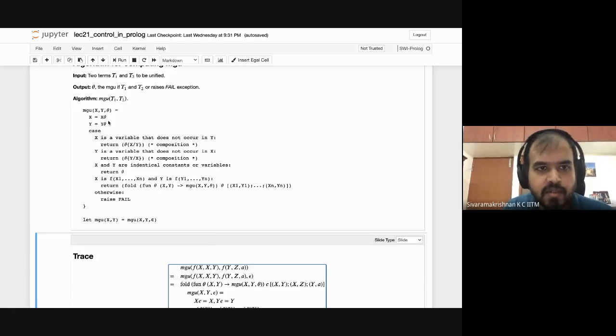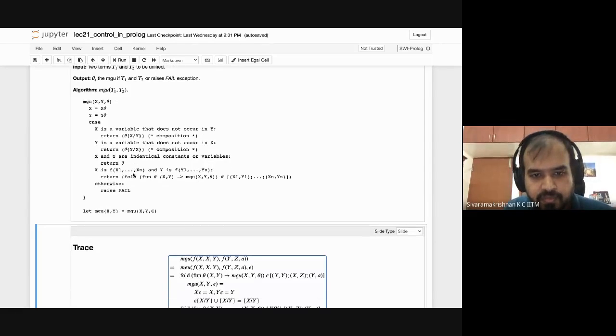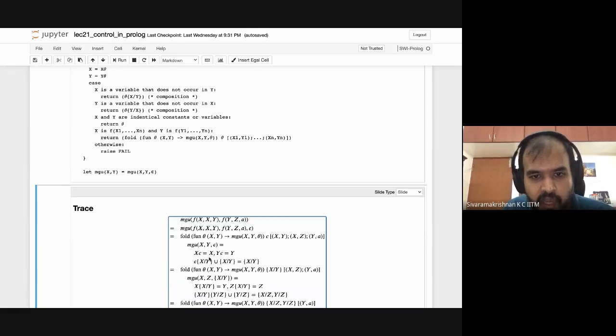It goes here, right? And the first thing you're going to do is x equals x theta and y equals y theta. So x equals x epsilon, so that becomes x. y equals y epsilon, that becomes y. It just does not change, right? And then you come in, you go to the cases, right?